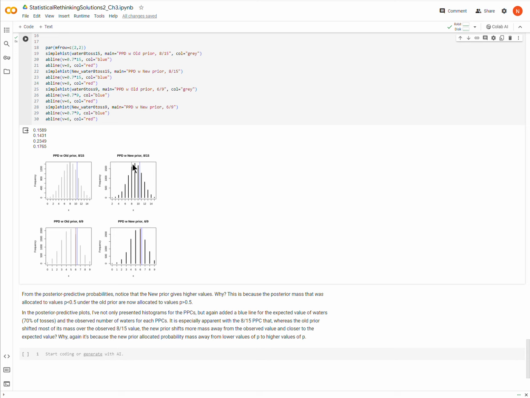It's starting to shift a little bit away from what was actually observed and towards the actual value. The reason is that we disallowed probability mass below p equals 0.5. That would not magically bring us towards the expected value unless it was a good prior, unless the actual value of p was in fact above 0.5.